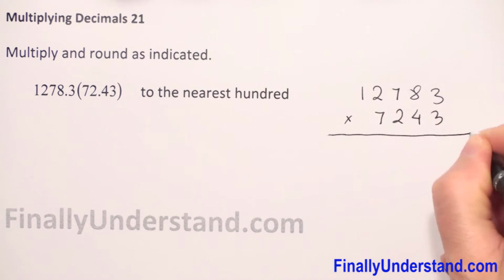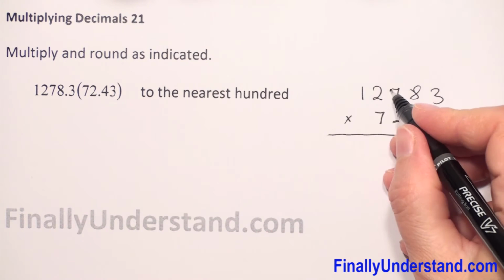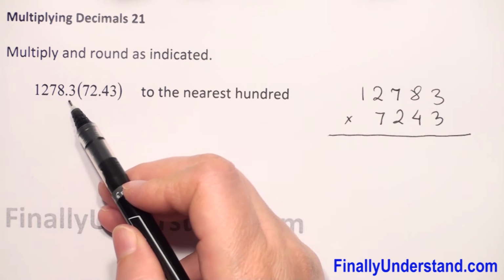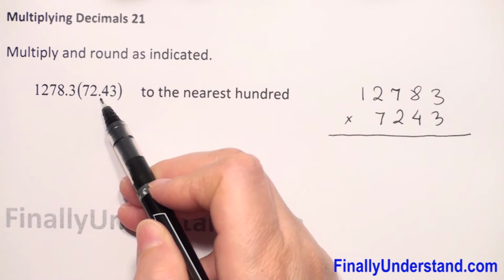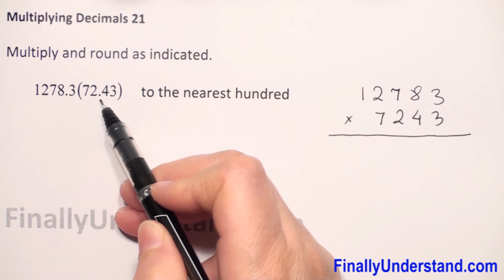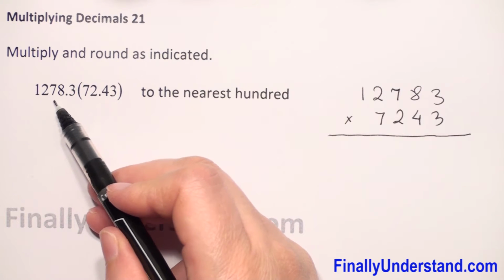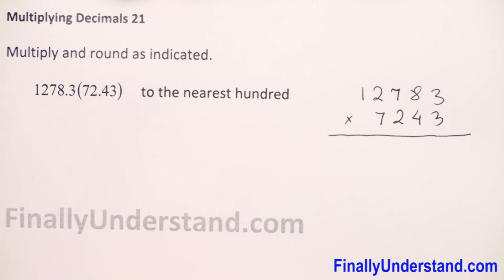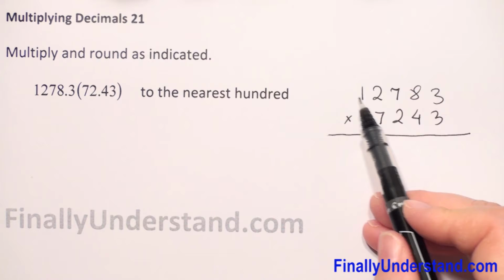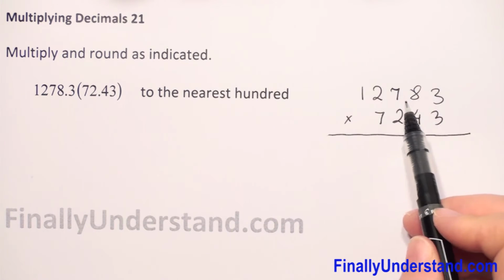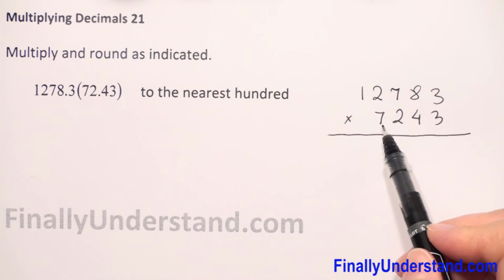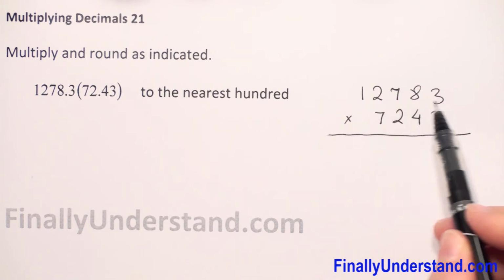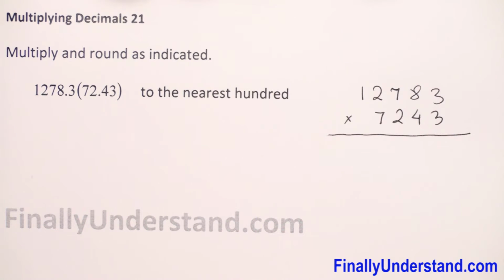When we do multiplication, it doesn't matter if you multiply first 1278.3 times 72.43 or 72.43 times 1278.3. The result will be the same. So I can choose always to write on the top the number which is greater, because now I have to multiply only by 4 digits every number in the first row. So it will be a little faster.